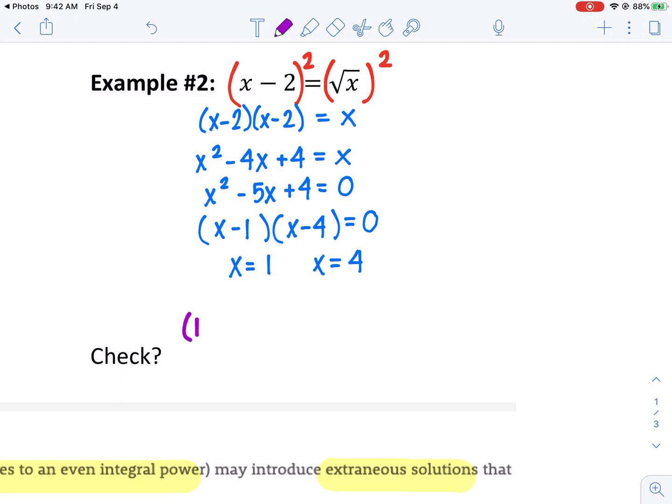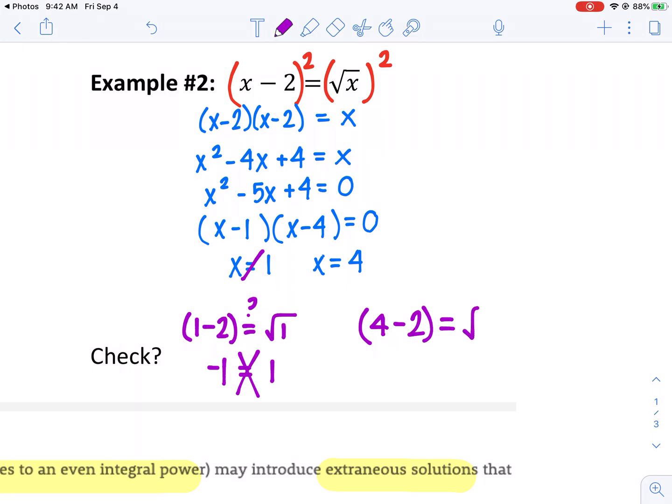If I plug 1 into the original equation, I want to see, is it true? Well, the left side is negative 1, the right side is 1. That is not equal, so x equals 1 is not a solution. Let's check 4. If I plug 4 into the original equation everywhere I see an x, I'm asking myself, are they equal? 2 equals 2.